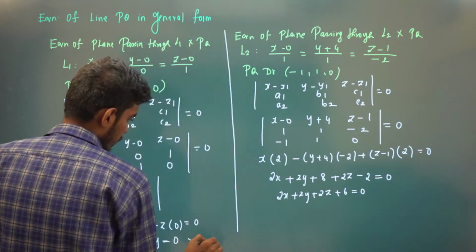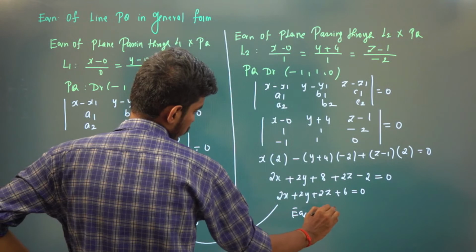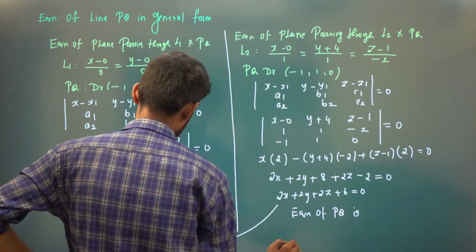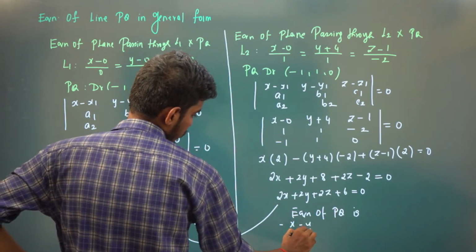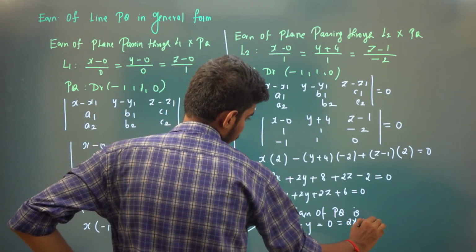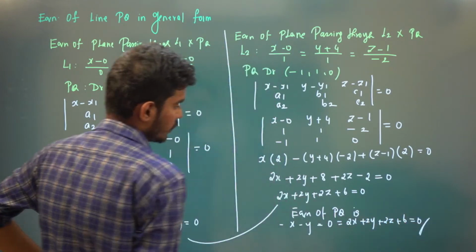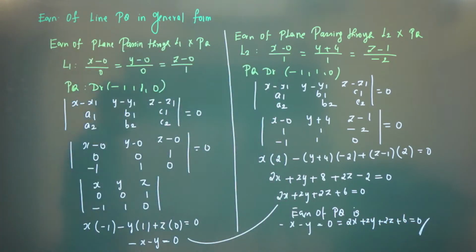So combine this and this. So the equation of PQ is minus x minus y is equal to 0, and it is equal to 2x plus 2y plus 2z plus 6 is equal to 0. Right, check it once again.